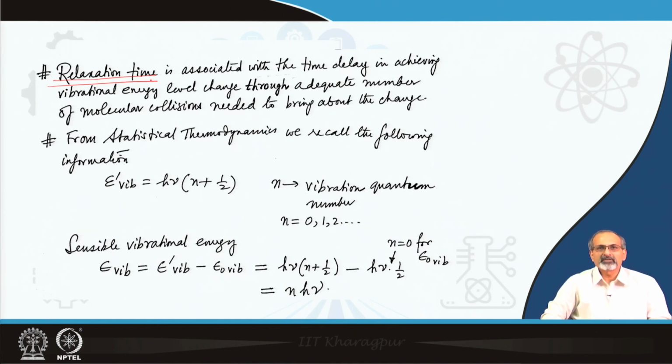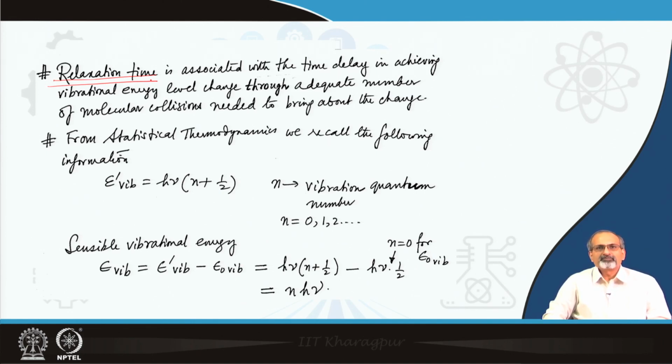We have been talking about this concept that all these changes, vibrational energy excitation or chemical reactions, all such changes have to be brought about with the assistance of molecular collisions, and that will not happen within a very short time. It takes a finite amount of time for the molecular collisions to happen at that level, so that these phenomena can take place, and in the process we have some kind of a delay. So, relaxation time talks about that delay.